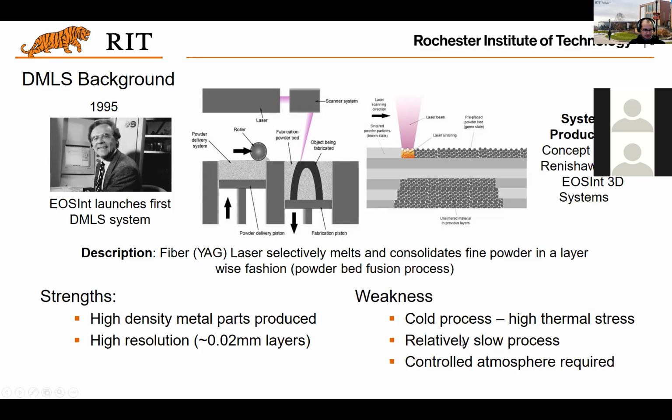A second one is the printing speed is slow, and also you have to control the atmosphere for the printing process, which could be troublesome. And those are the pros and cons for direct metal laser sintering and melting.